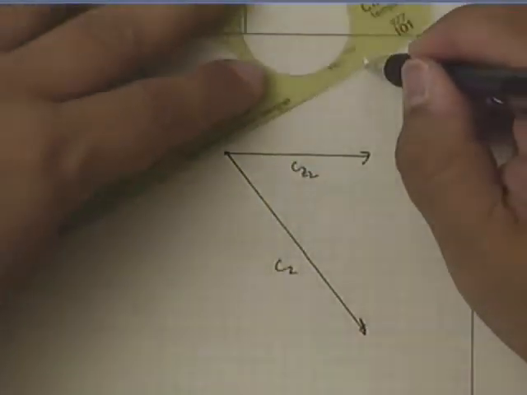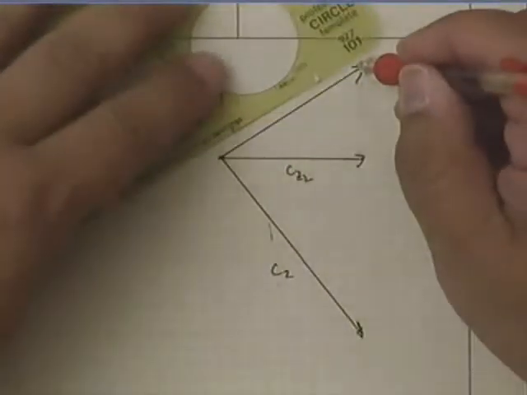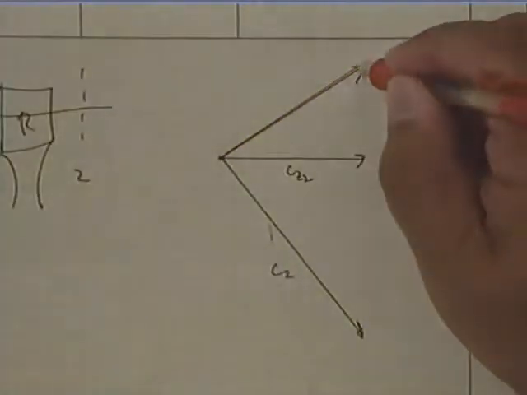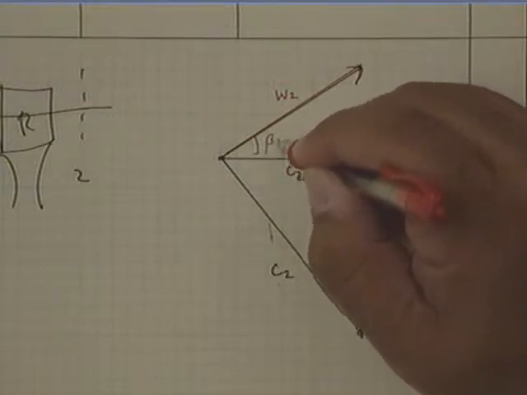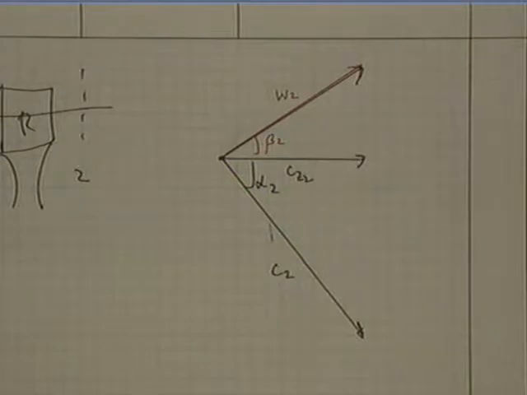We have some relative velocity W2. We've done that in red. Beta 2, and this is alpha 2.